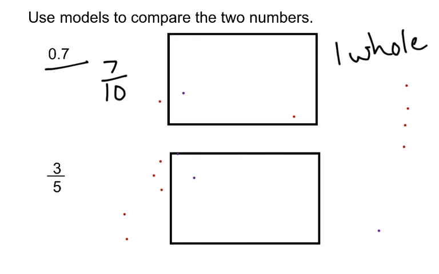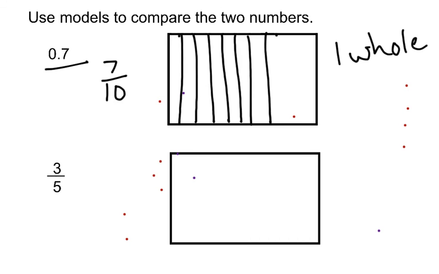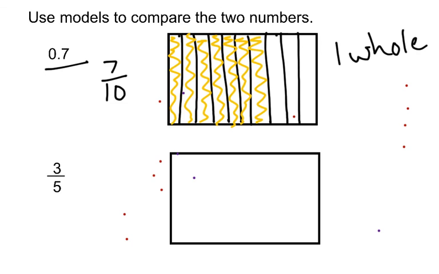So I can just say, okay, well, 10 pieces. So I can just break it up into tenths. So now I have 10 pieces, and I can shade in 7. So I have 1, 2, 3, 4, 5, 6, 7.